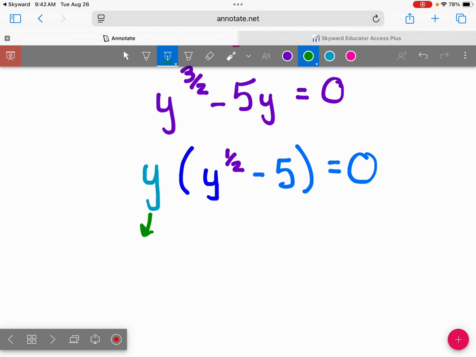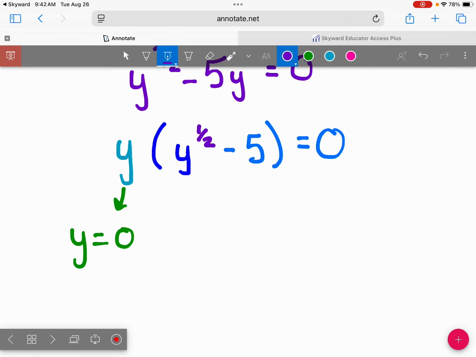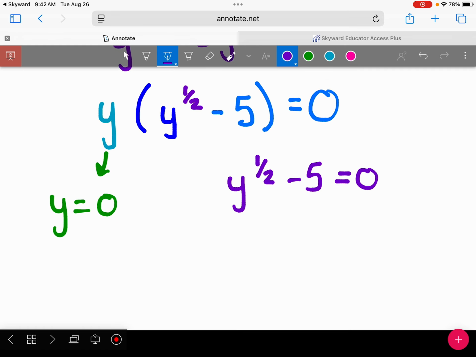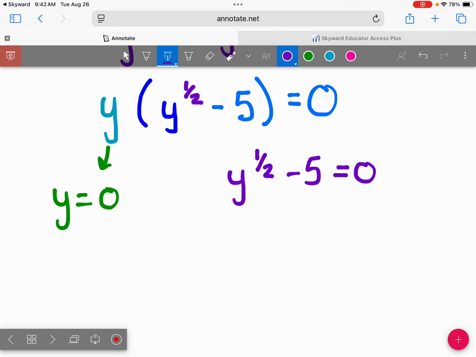Because this one we can deal with and get our root from it, y equals 0. That's our solution. The right side, we're going to have our y to the 1/2 minus 5 equals 0. And what can I do there? Add 5. Y to the 1/2 equals 5.